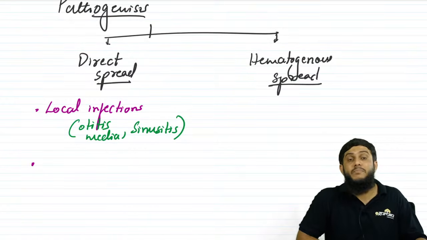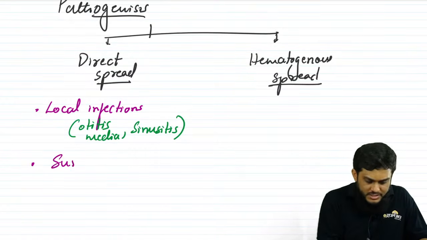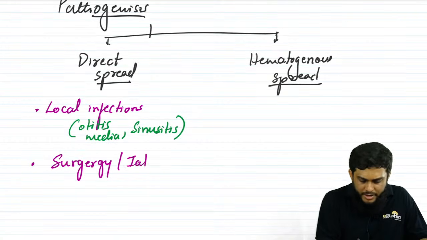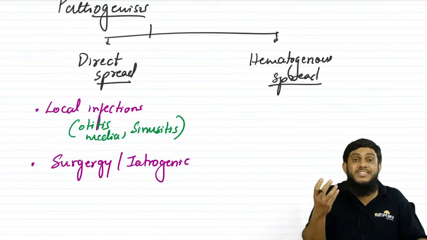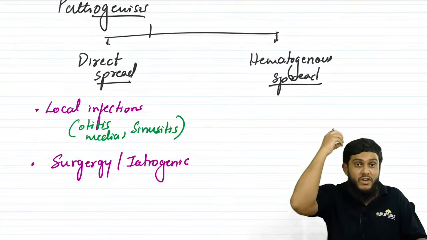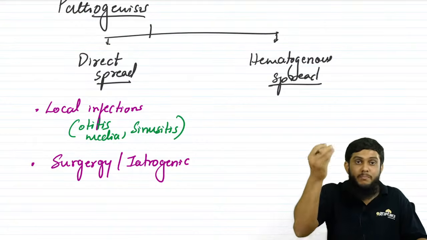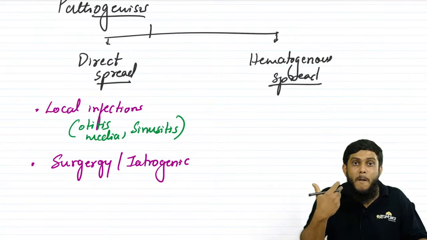And second example is any surgery, that is iatrogenic infection. Iatrogenic means doctor induced. While using the instruments, if the instruments are not properly sterilized, at that time, if neurosurgery is going on, the bacteria, if it is there on the instruments, can enter into the brain.